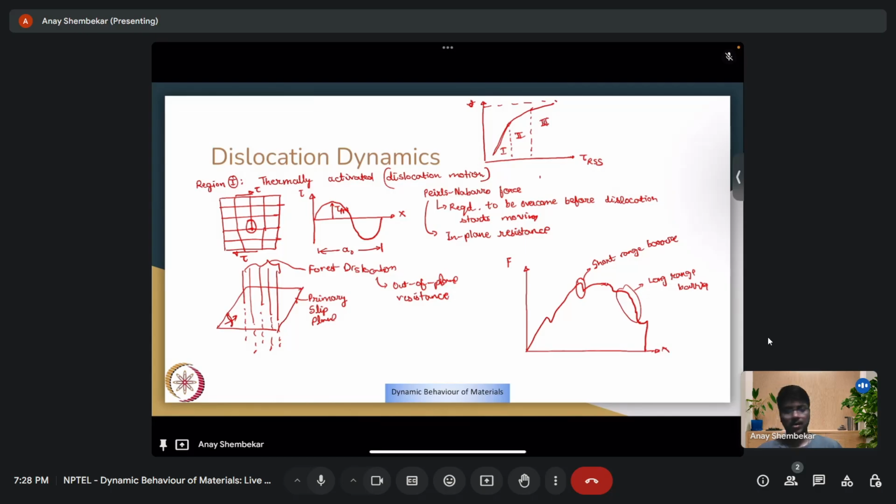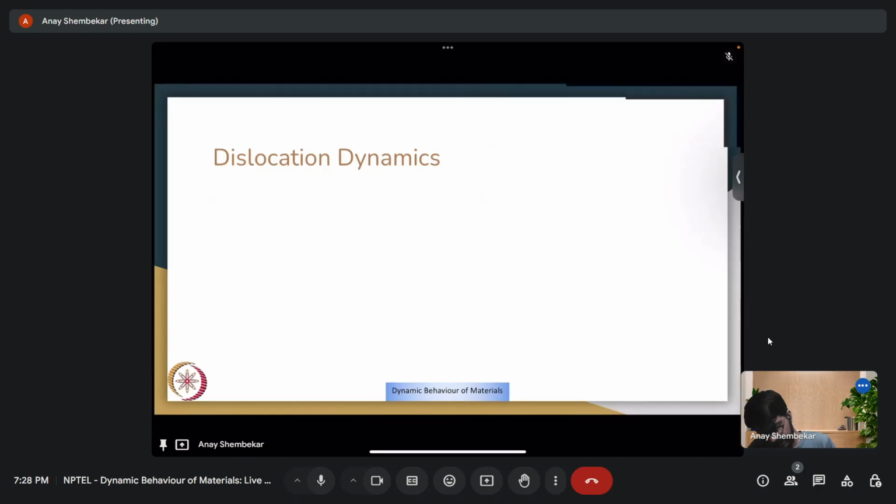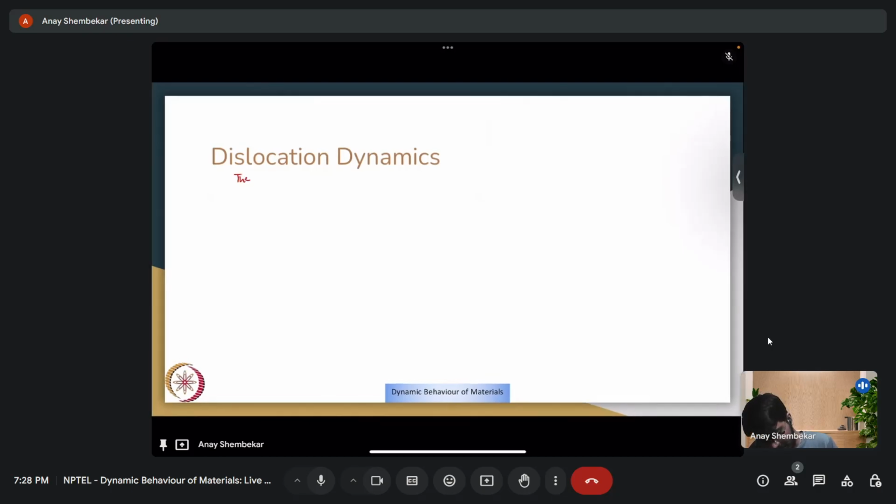So temperature corresponds to a thermal energy, and what exactly is it? From an atomistic perspective, an increase in temperature leads to an increase in thermal energy, which leads to an increase in the amplitude of vibration of atoms.